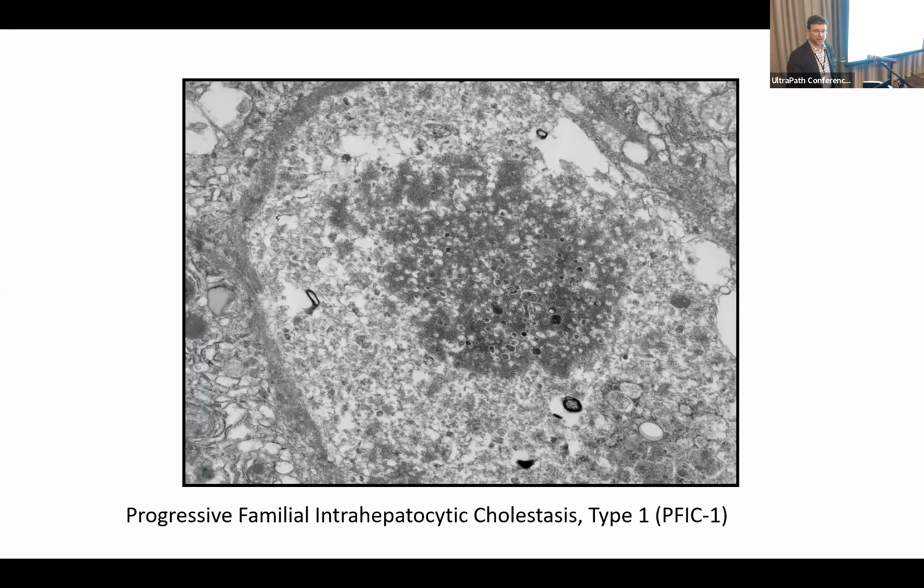Byler was an Amish kindred in which this disease was very prevalent and first identified. Now we call that PFIC, progressive familial intrahepatic cholestasis type 1, but we still refer to this bile morphology as Byler's bile. So Byler's bile can be indicative of PFIC type 1.